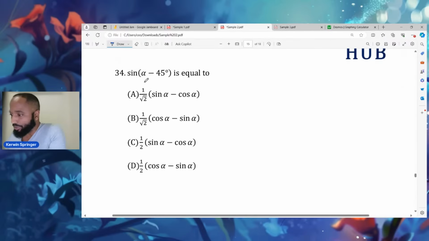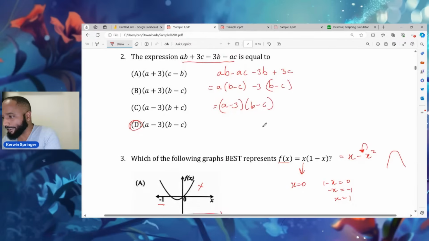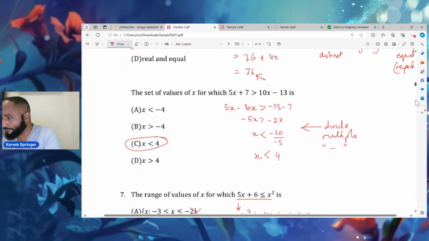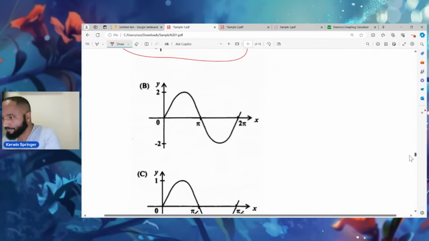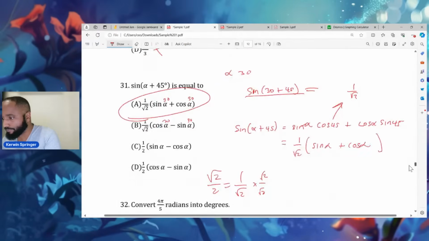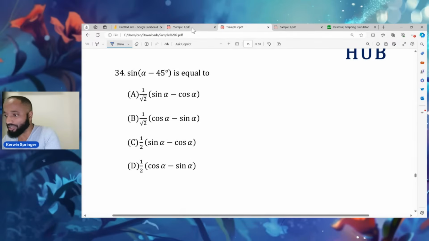All right, let me keep pumping. Sine alpha minus 45. Did I do this one already? I think I did. Oh, this one is minus, this one is plus.